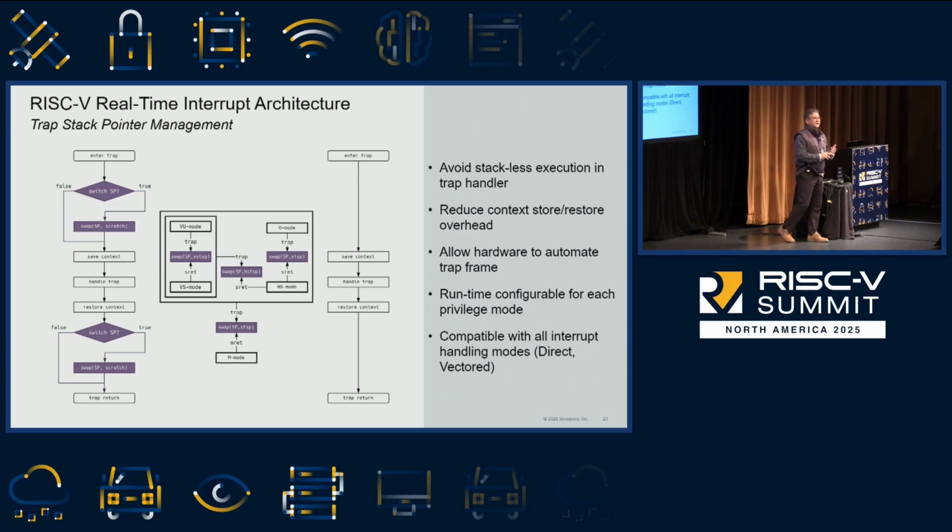It allows the hardware to automate the size of the trap frame, and these are each runtime configurable for each privilege mode, so it's supported for any of the privilege modes defined by the ISA. It's compatible with all handling modes, whether a direct interrupt architecture or a vectored interrupt architecture. And again, it's fairly simple and straightforward, layered on top of the existing trap structure.